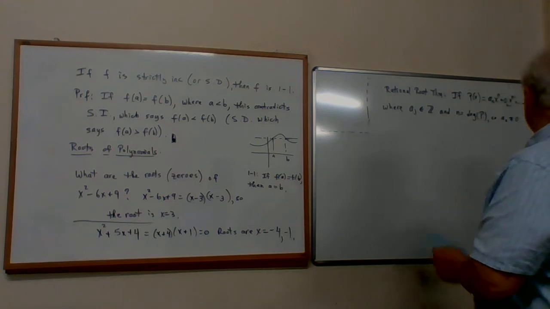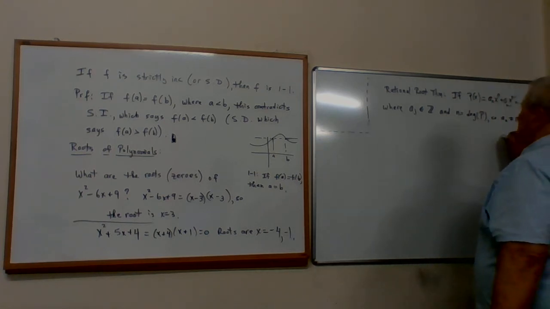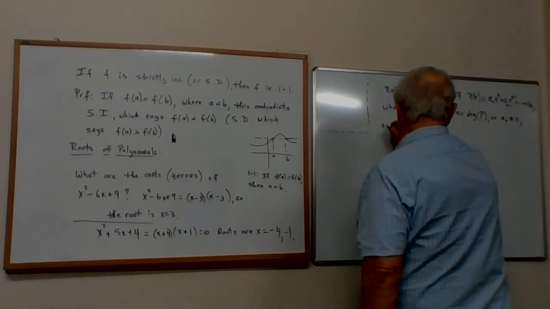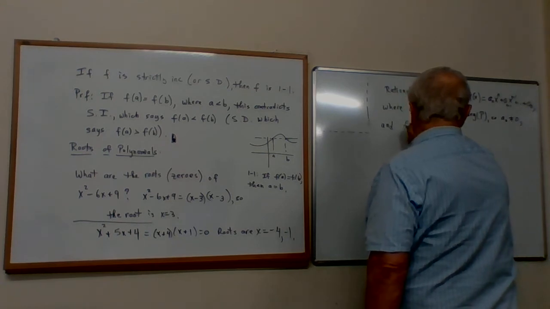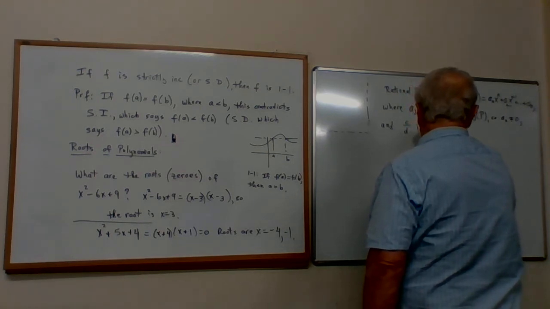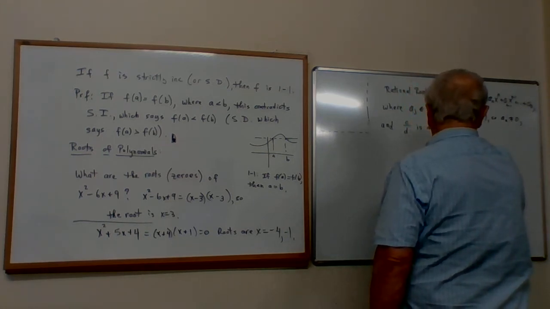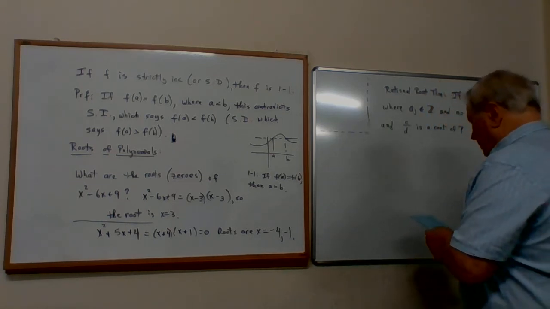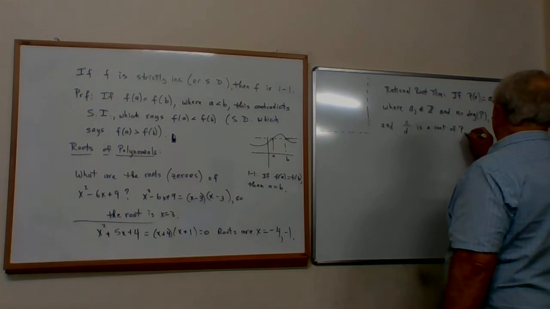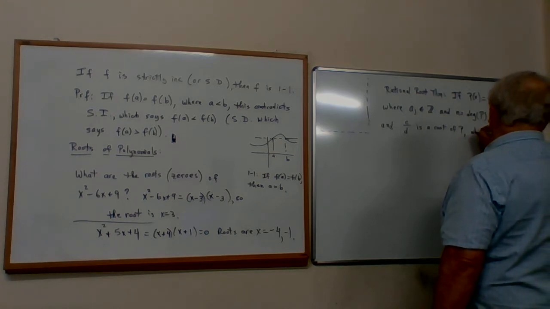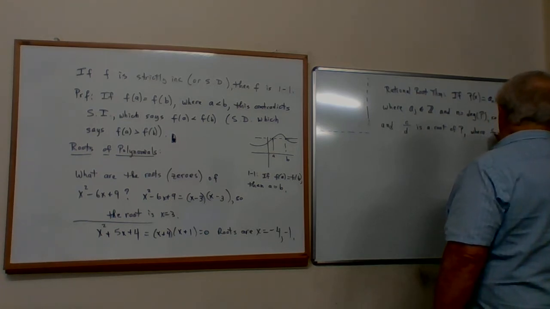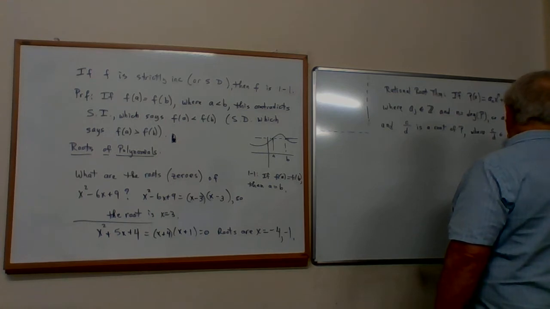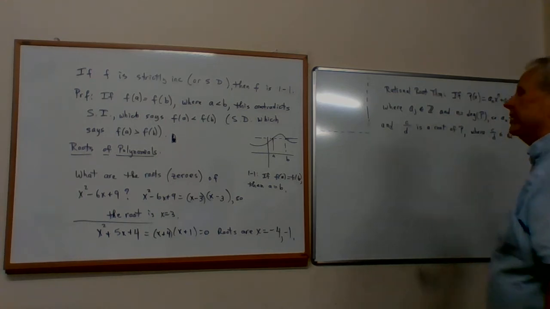If that's the case, and so a lot of ands in the hypothesis here, C over D is a root of P, where C over D, of course, is a rational number, so C and D are integers.